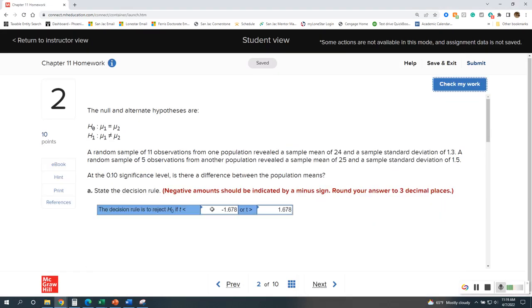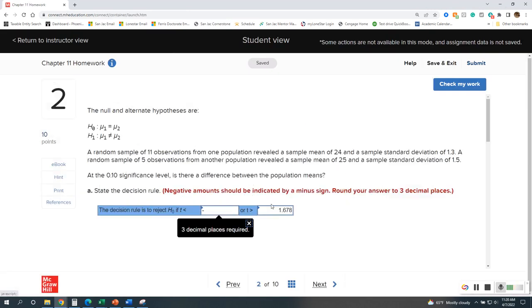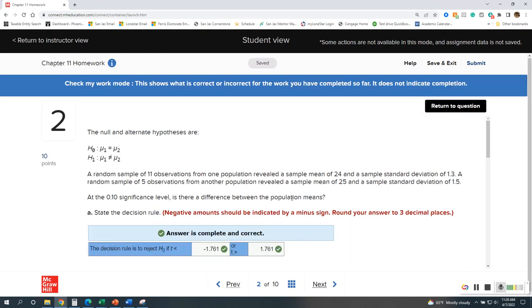That's why I say check your work so you can understand. So negative 1.761 and positive 1.761. Trying to show y'all how to do it, and I mess up like that.